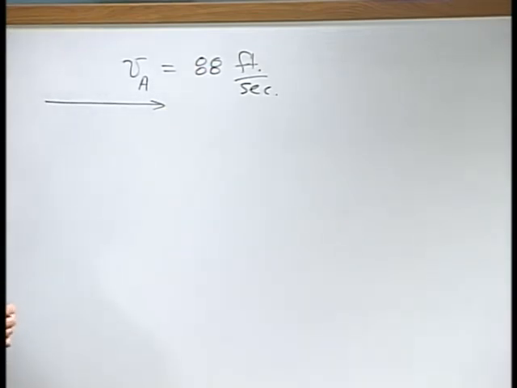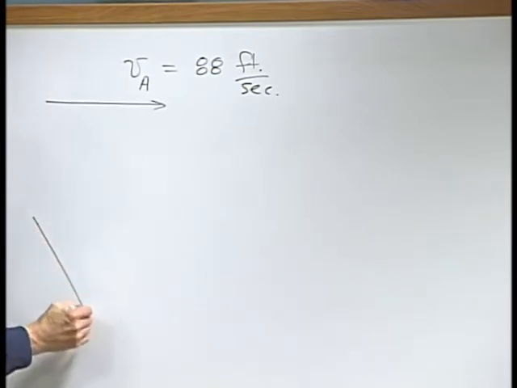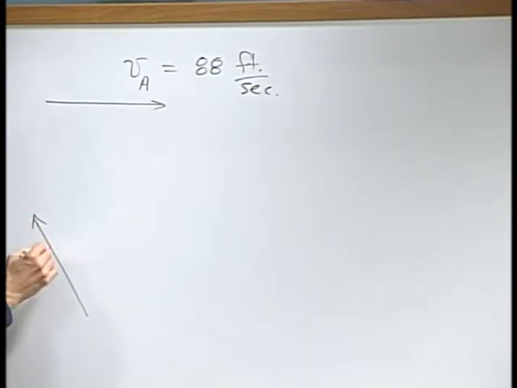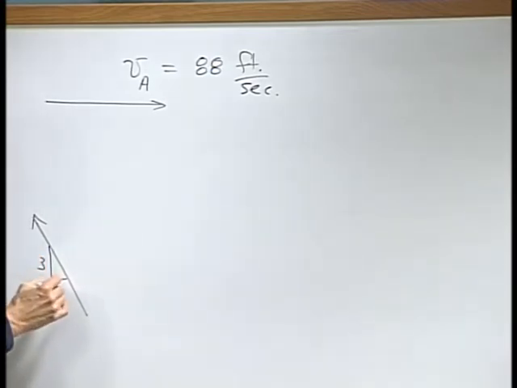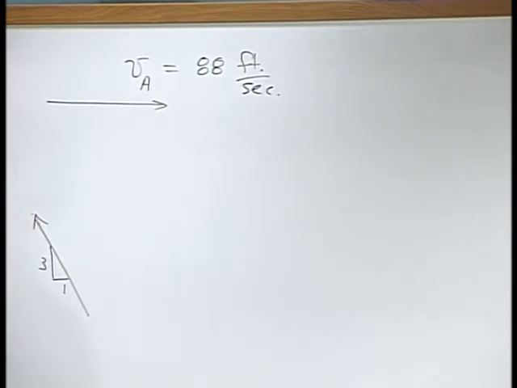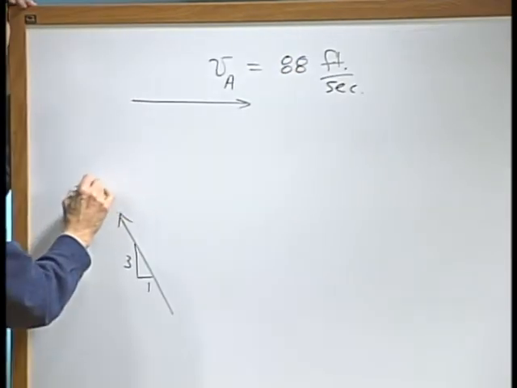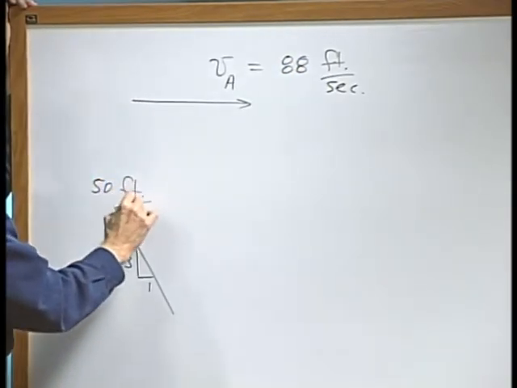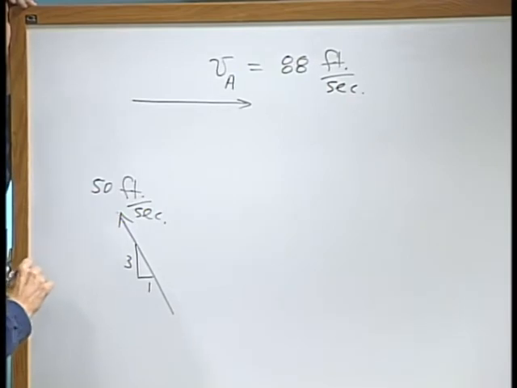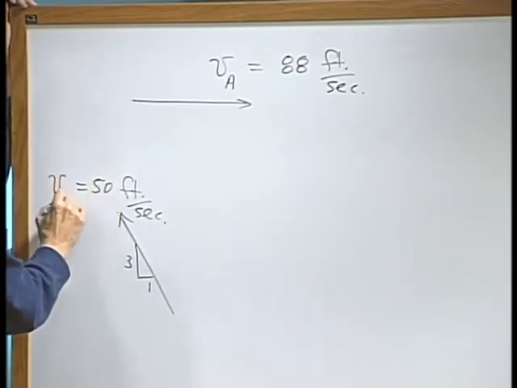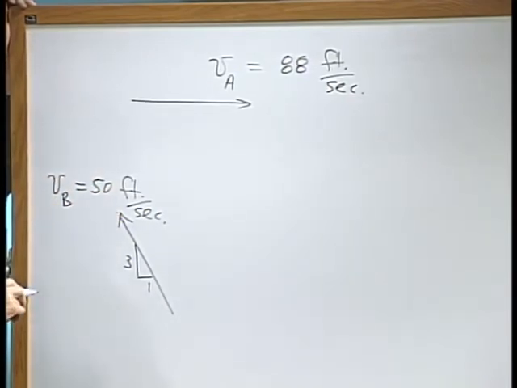Now let's say we have another vehicle that is moving like this in a ratio of 3 to 1. Let's say it's moving at a speed of 50 feet per second. And we'll call this vehicle B, 50 feet per second.